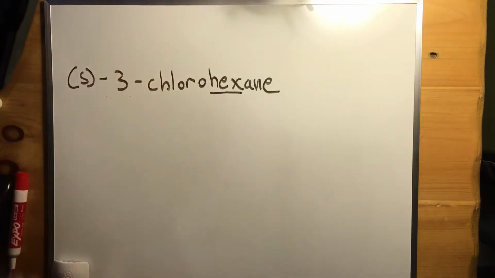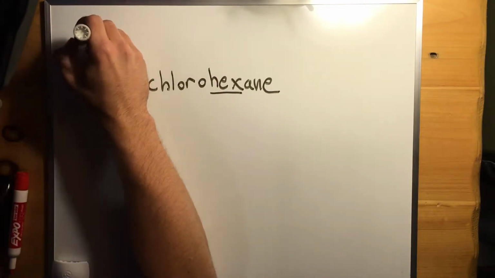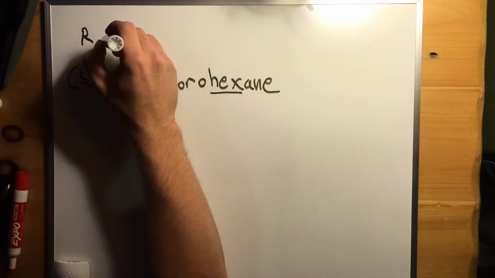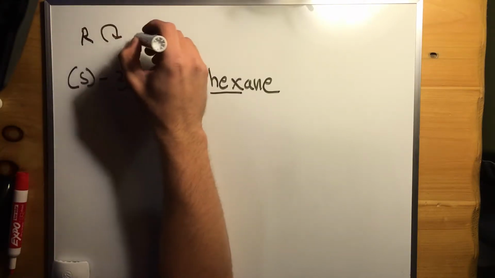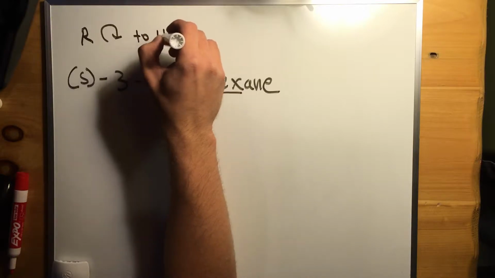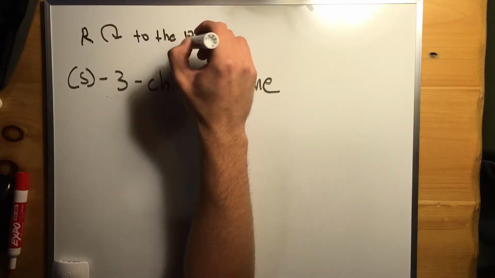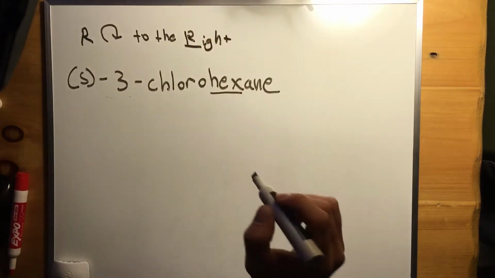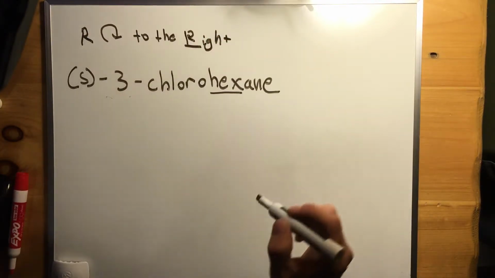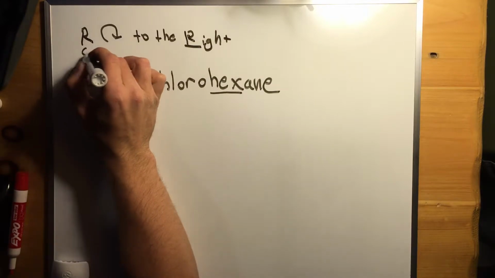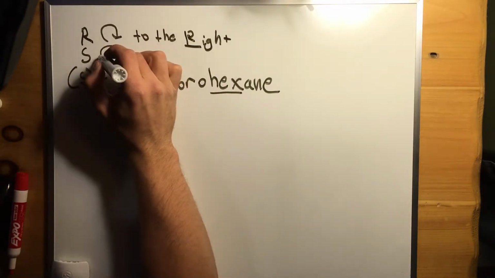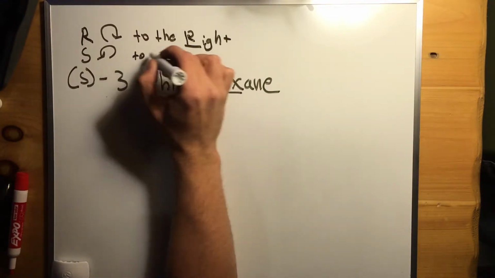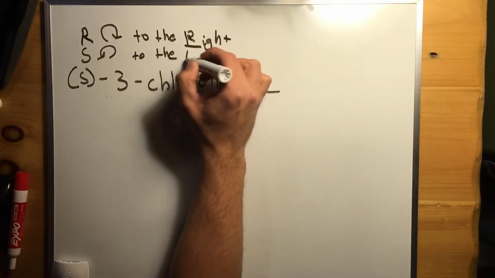An R conformation is clockwise. So R is clockwise, or to the right, and S is counterclockwise, or to the left.